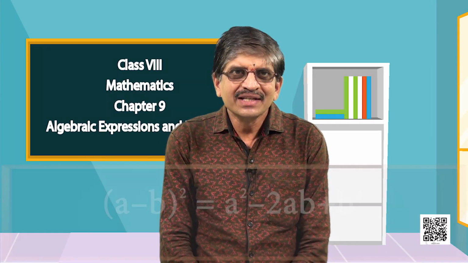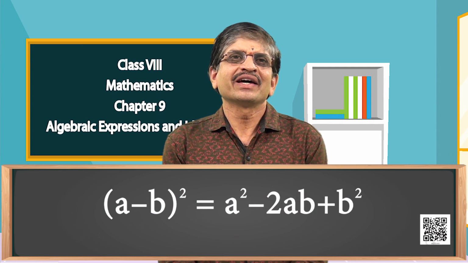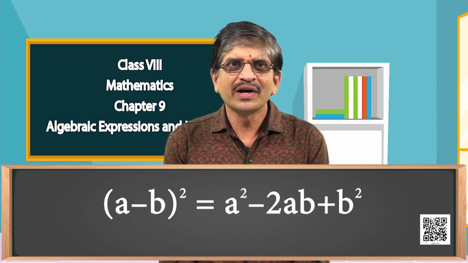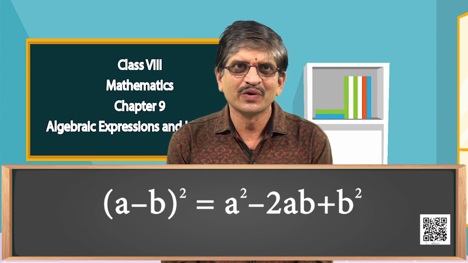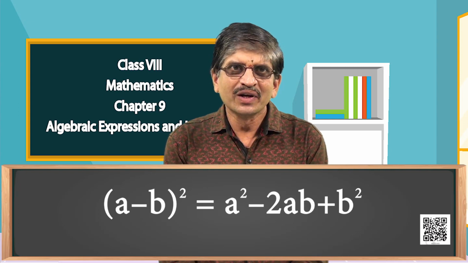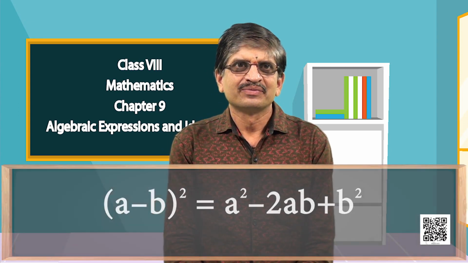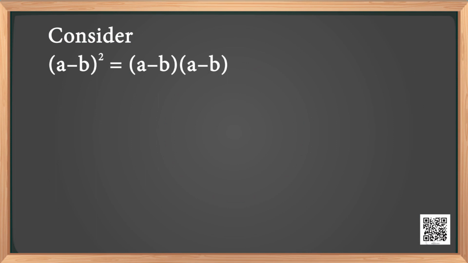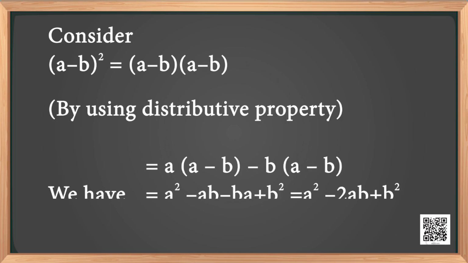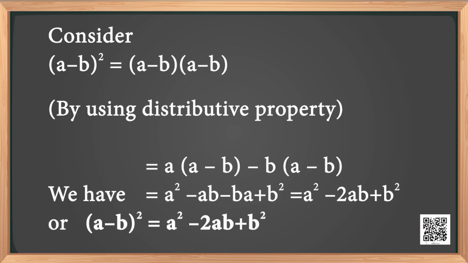We now learn identity 2, that is a minus b whole square is equal to a square minus 2ab plus b square. Are you ready to learn? Good. Consider a minus b whole square is equal to a minus b times a minus b. By using distributive property, we get a times a minus b minus b times a minus b.